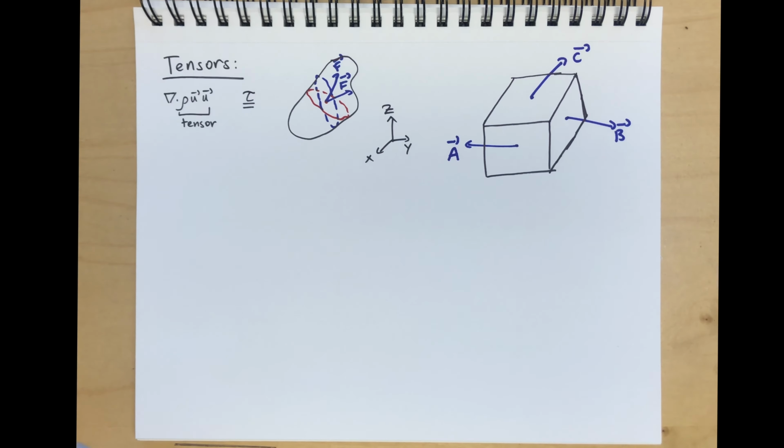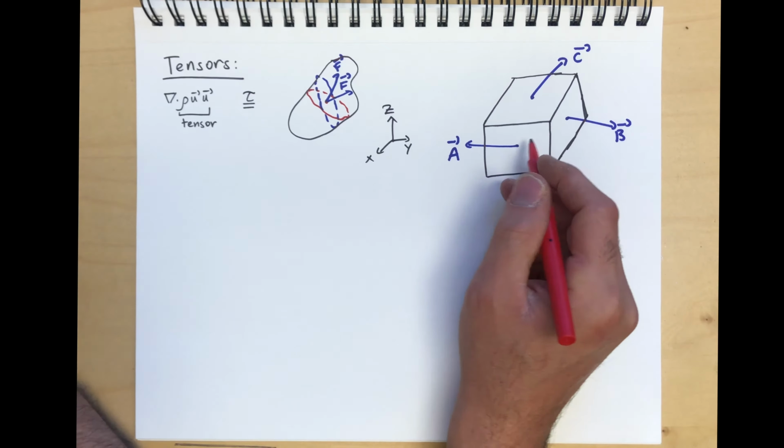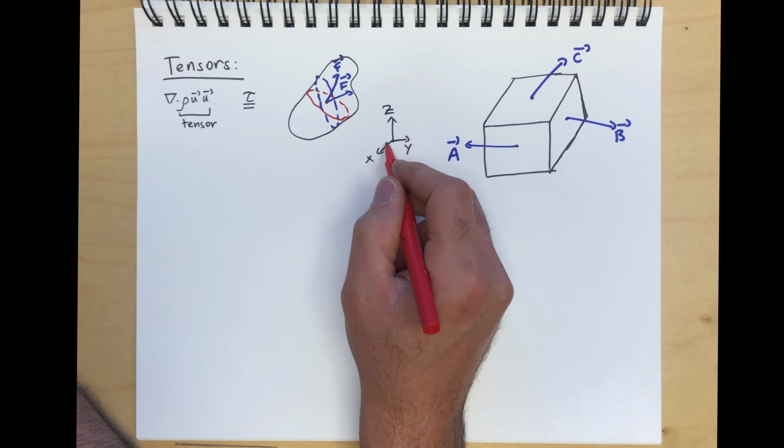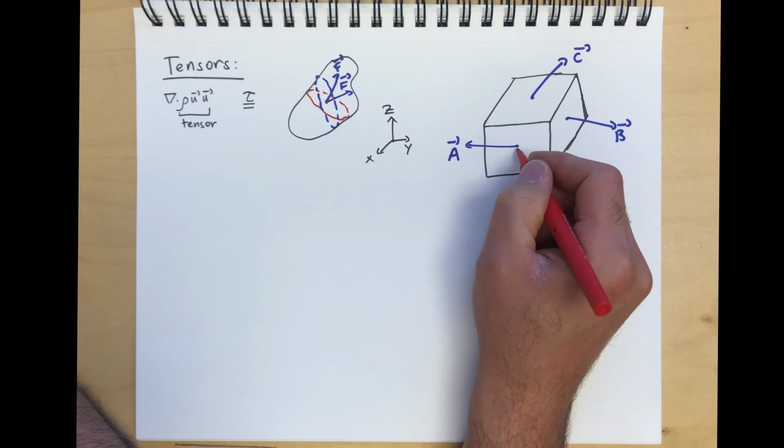If you know A, B, and C, that's enough to describe the entire state of stress in this solid. Each one of those vectors actually has three components aligned with the three basis vectors of the x, y, z coordinate system.